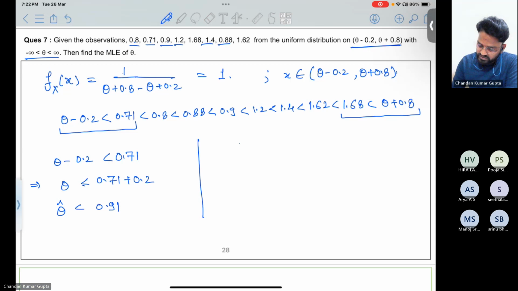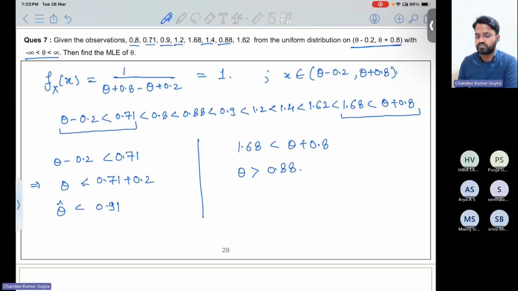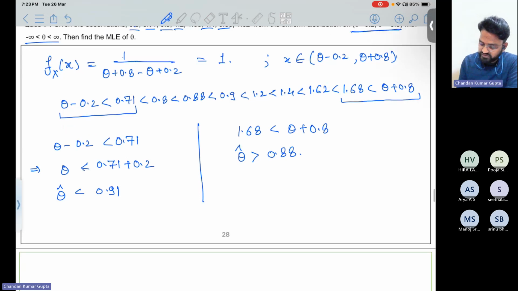And 1.68 is less than theta plus 0.8. From here, theta is greater than 1.68 minus 0.8, that gives 0.88.